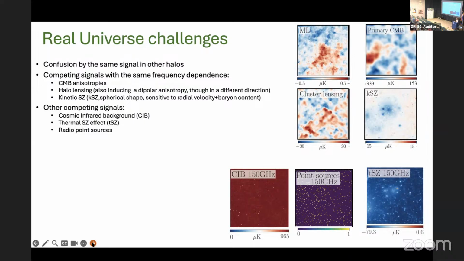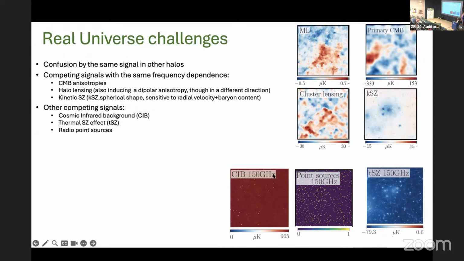First of all, there are a bunch of other emissions that have the same type of frequency dependence, so black body dependence. So even if you were given a CMB map with just everything that emits as a black body, it would be hard to detect this effect because it's super tiny with respect to everything else.